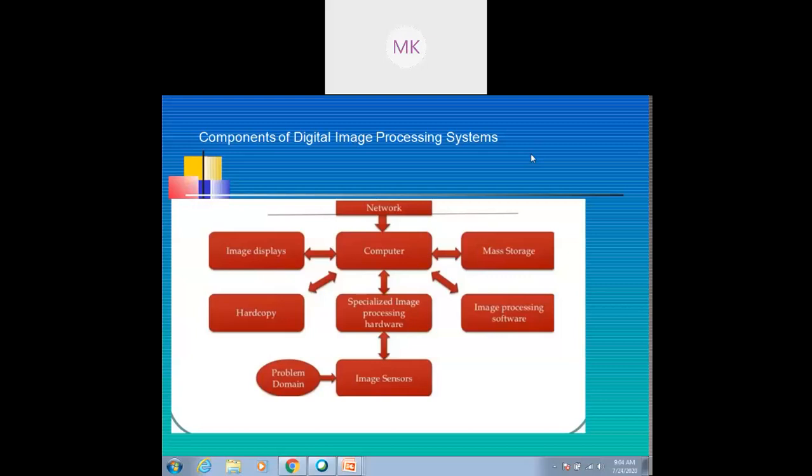Coming to the components of a digital image processing system, the first component is the image sensor, which consists of two devices and is used for sensing the image. First is a physical device that is sensitive to the energy radiated by the object we wish to image. Second is the digitizer, a device for converting the analog signal of the image into a digital signal.